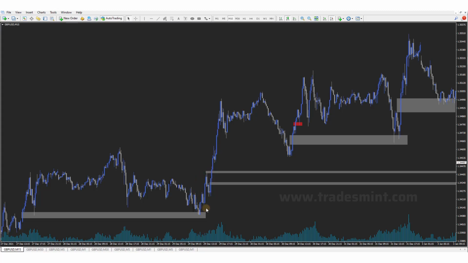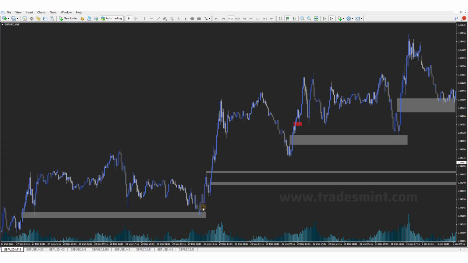I mean the meeting of wicks, like here for example, we see the move to the down and to the up, and this indecision candle, pin bar, meets with the previous one, with this. So here was an imbalance, or if there was one, which we could see only with the real volume, it was already filled, because when the candle opened, who knows if here at the top of this engulfing candle there was any imbalance.